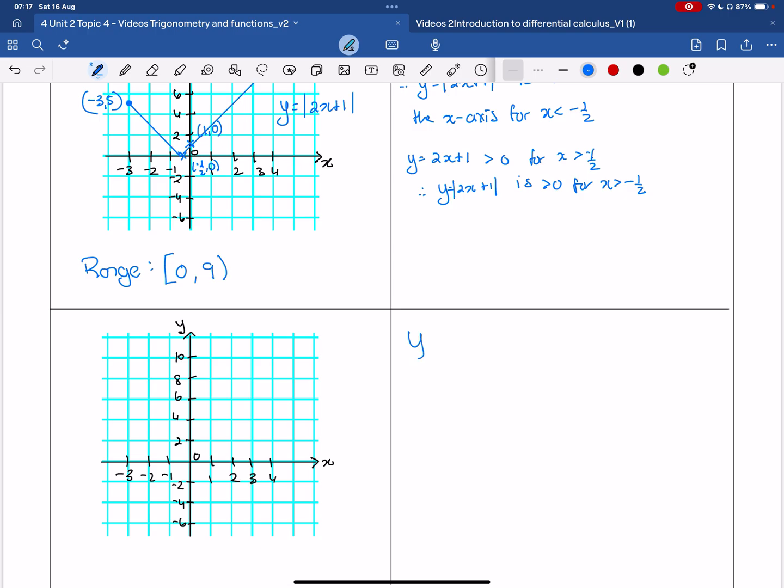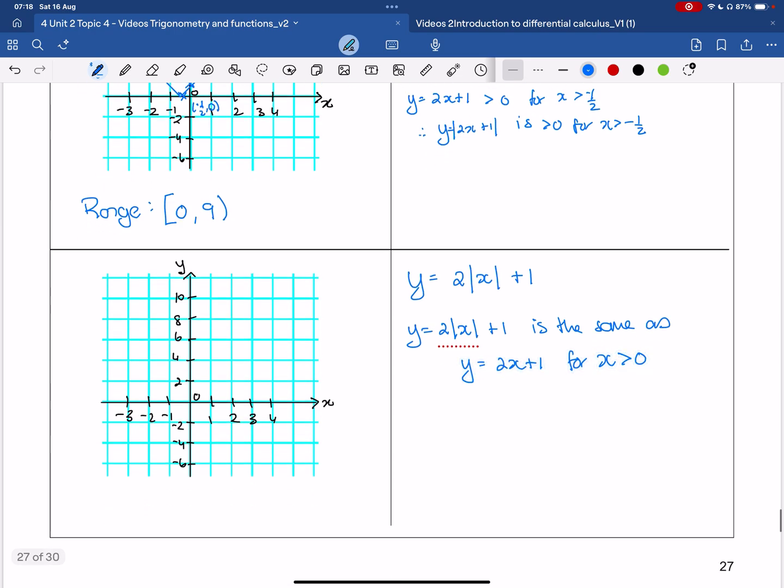Well, let's have a look at y equals 2 times the absolute value of x plus 1. Okay, so to the right of my y-intercept, my graph doesn't change. So y is 2 times the absolute value of x plus 1 is the same as y equals 2x plus 1 for x greater than 0.